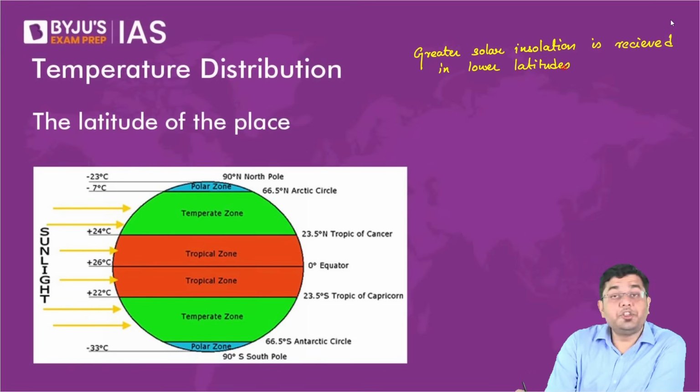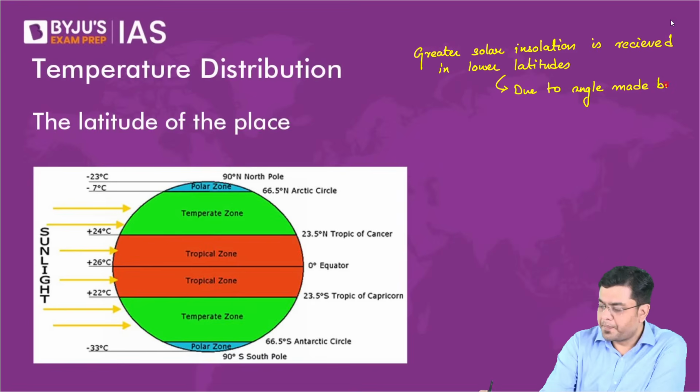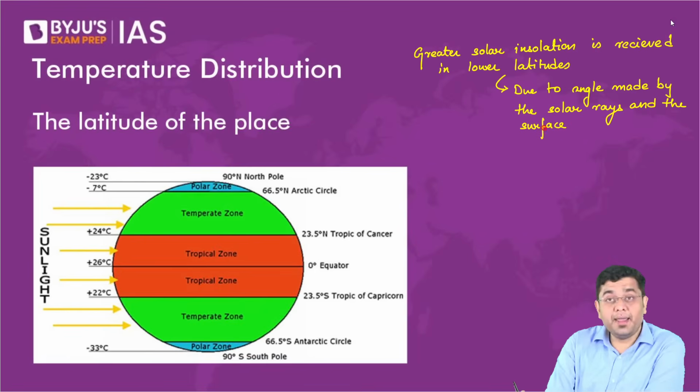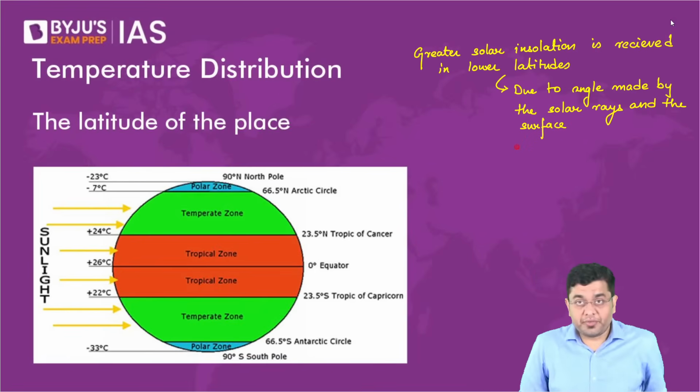Because of the angle which is made by the solar rays and the surface. If the angle made is higher, that is, if it is almost perpendicular, there will be a greater amount of heat which will be received in the process.